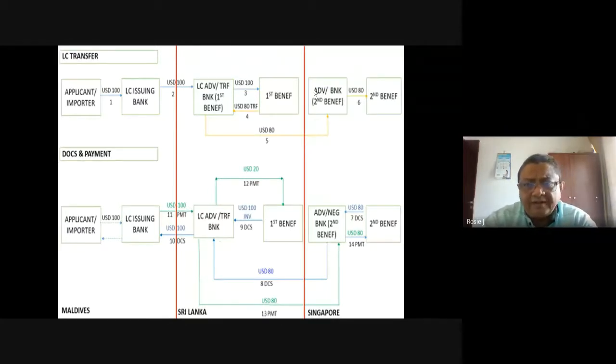Tell your second beneficiary in Singapore that he must know the undertaking on this LC: he is performing under the undertaking given not by People's Bank but by Bank of Ceylon Male. He bases his performance on that because People's Bank has not issued any LC. They have only transferred the Bank of Male LC.